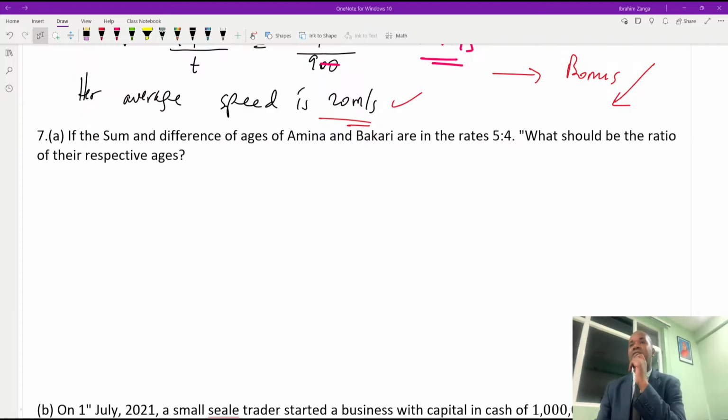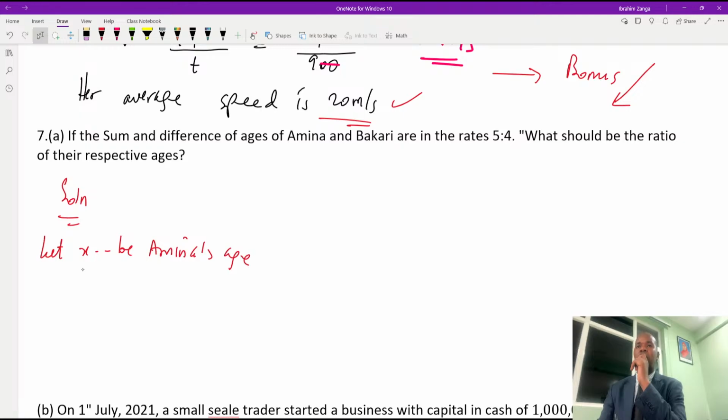So 7A: if the sum and difference of ages of Amina and Bakari are in the ratio of 5 to 4, what should be the ratio of their respective ages? So I'll be just assuming that solution. Let x be Amina's age and y be Bakari's age.